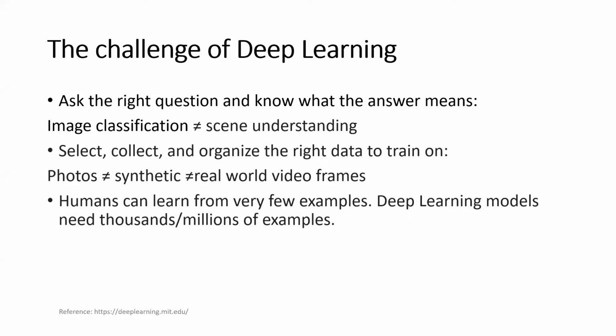If you train your model on synthetic images, it may be a problem for it to do inference in the real world. Another problem is we humans can learn from very few examples, while deep learning models need thousands and millions of examples.